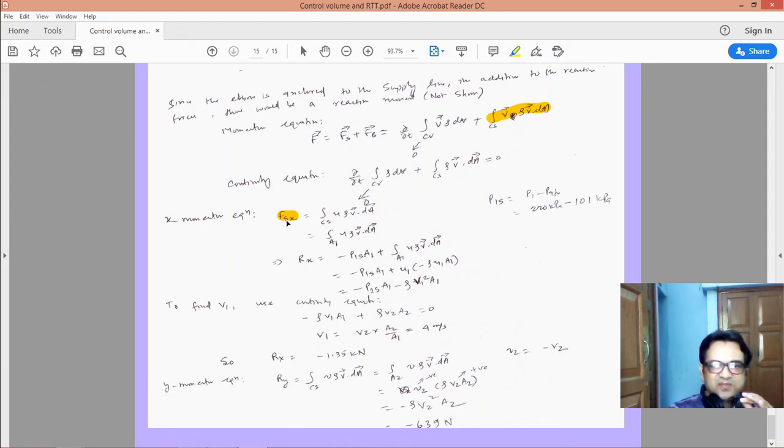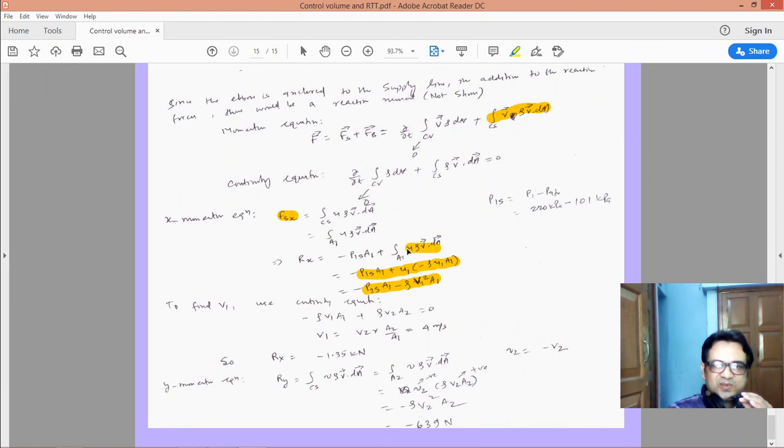So the summation of all forces acting along x direction will be only the surface integral of u rho V dot dA, but the integration you have to do for the inlet surface. So put the values along x direction. What is the force acting? Rx plus P1S A1. Both these forces are acting, they are positive, equal to this much. So Rx equals this minus this.